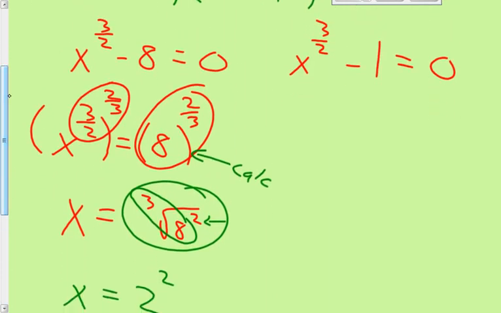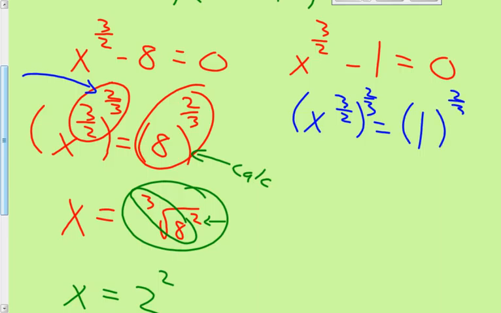The other one, let's find it. x raised to the 3/2 equals 1. In the same way that we put both left and right sides to the 2/3 power, we're going to do the same thing on this one. And now we get x raised to the 6/6, which is x raised to the first, equals 1 to the 2/3, which is the same thing as the third root of 1 squared.